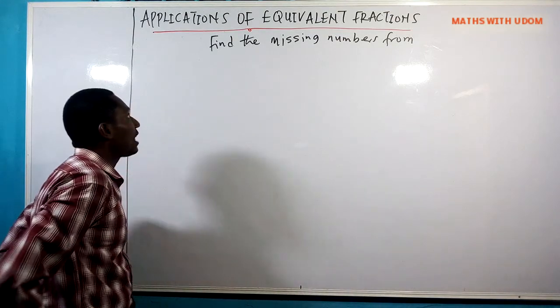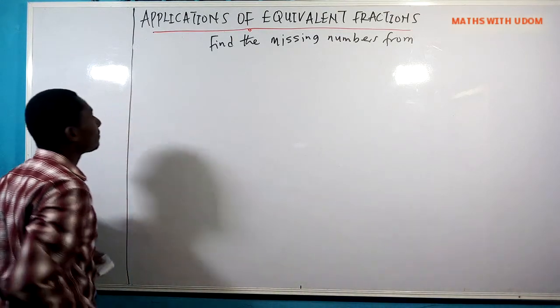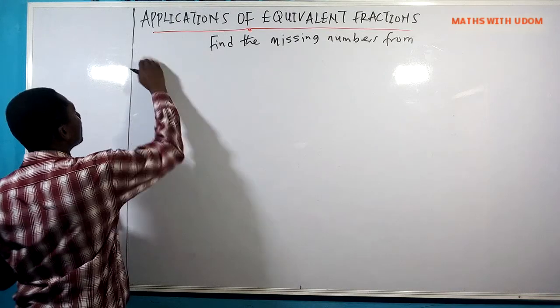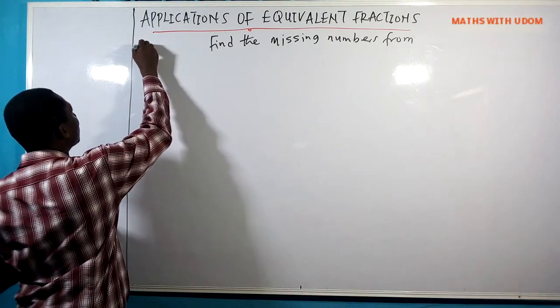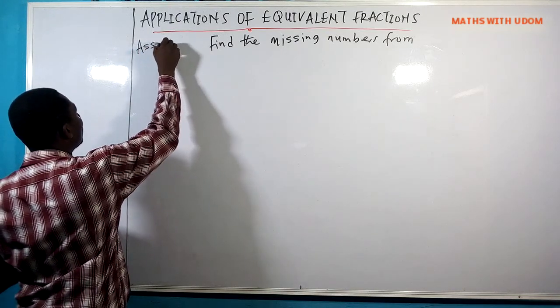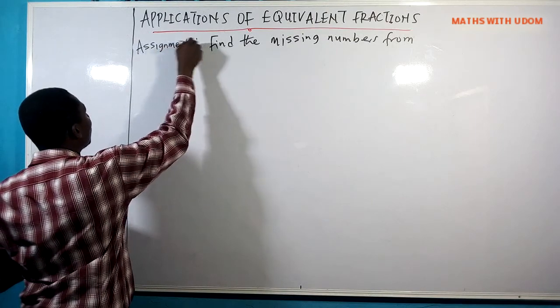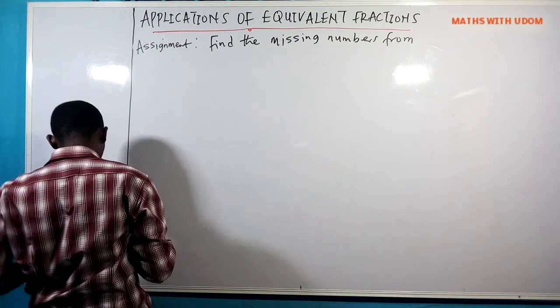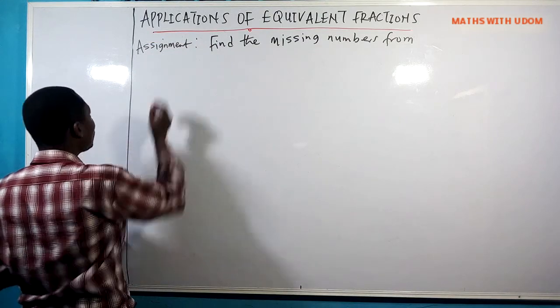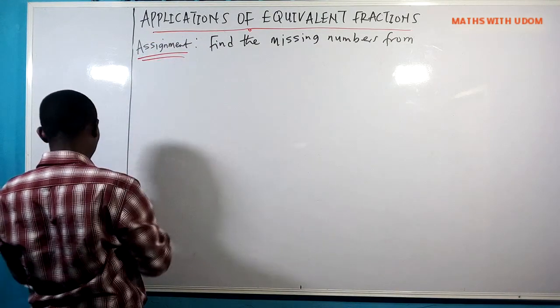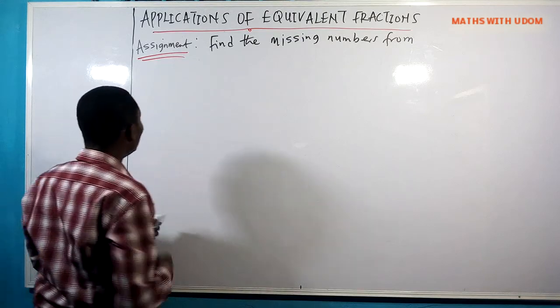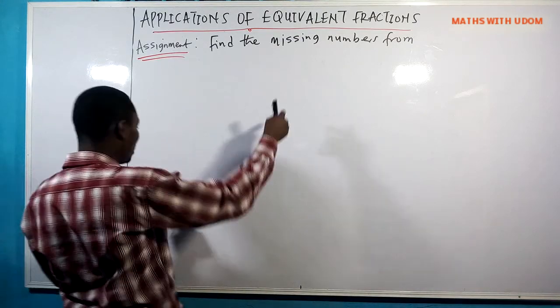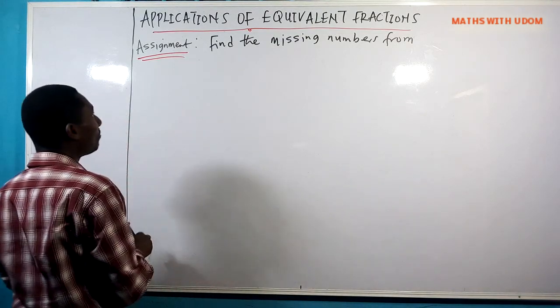Okay, the assignment for today. Okay, let's get it underlined. Good. So the assignment is find the missing numbers from what?